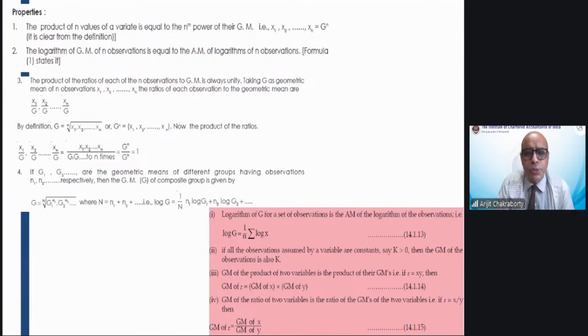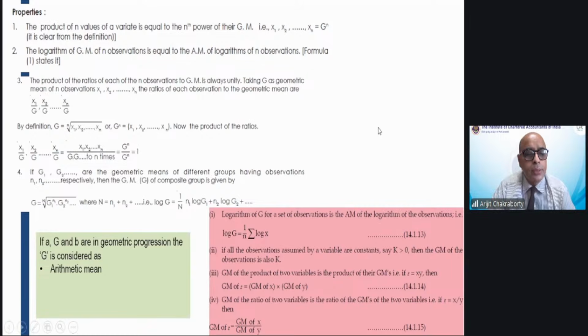I hope you have understood this. These are very simple basic postulates and properties of geometric mean. And of course, we will now move on to see some examples.